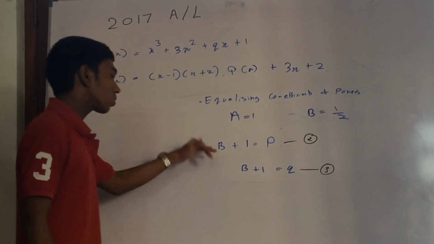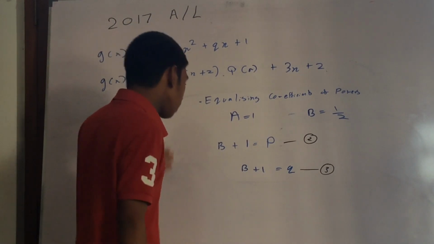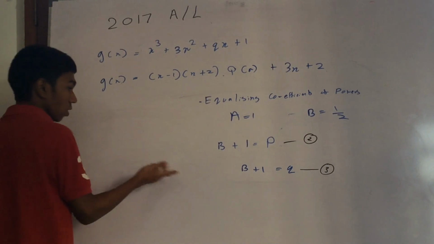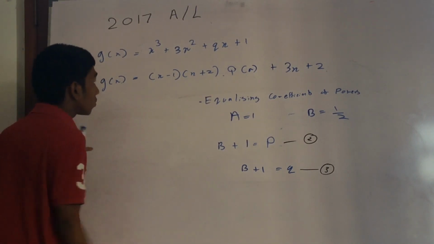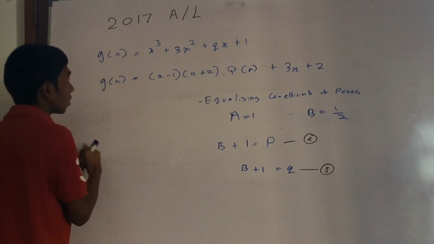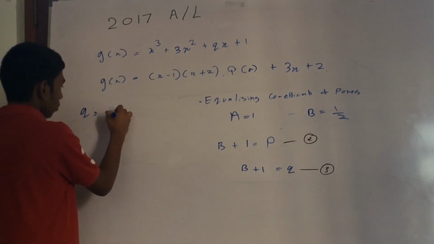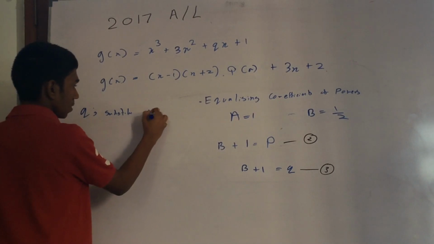How? Both are B plus 1 is equal to P, P plus 1 is Q. So by default we know Q is equal to 3 over 2, but we should write Q, substituting B equal to half.